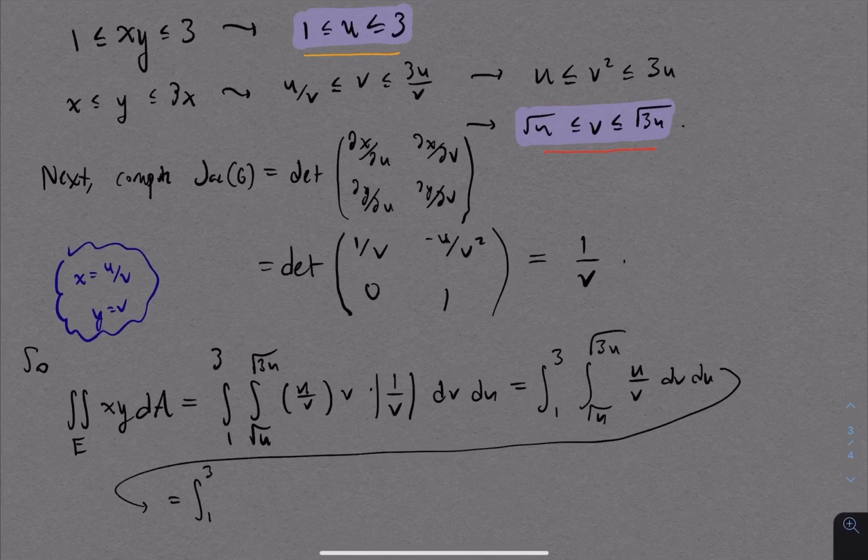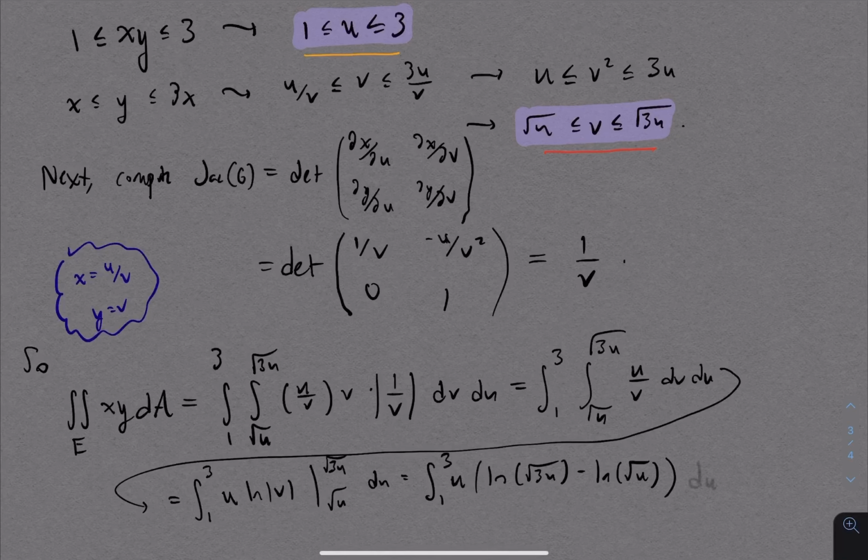The antiderivative with respect to v is going to be log v. I'll evaluate those at my upper and lower bounds. Now when I plug in root 3u and root u for v, the u I can factor out, we'll get log of root 3u minus log of root u du.